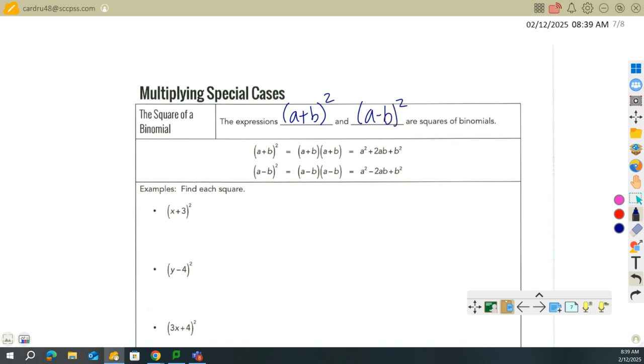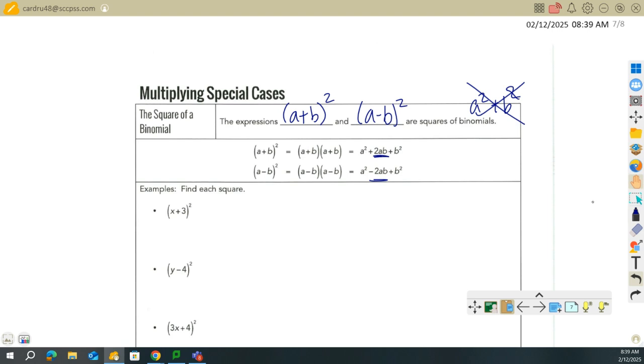So these are squares of binomials. And what we see happens is it doesn't turn into just a squared plus b squared, right? That is completely wrong. What we see is we end up getting this middle term as well of 2ab. And we see that in both the a plus b and the a minus b squared.